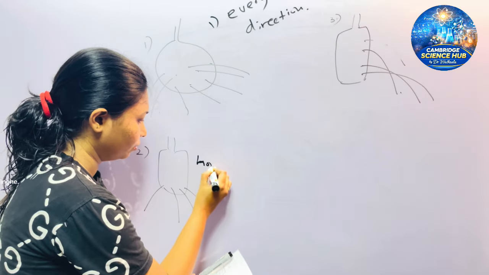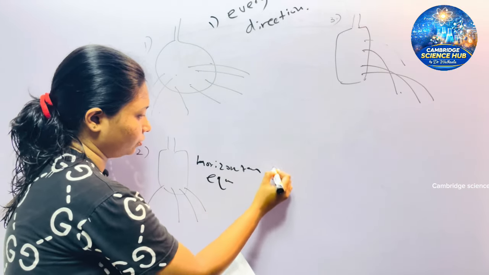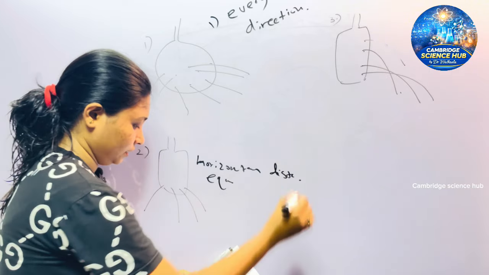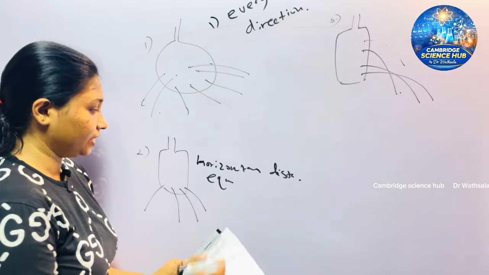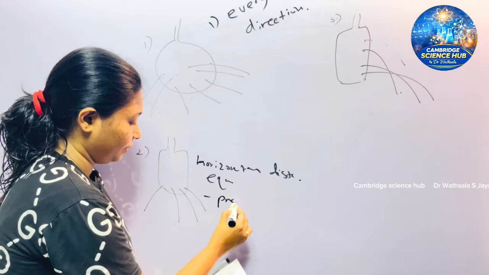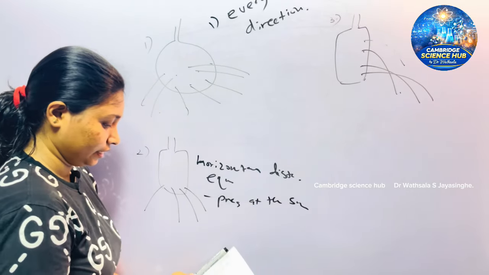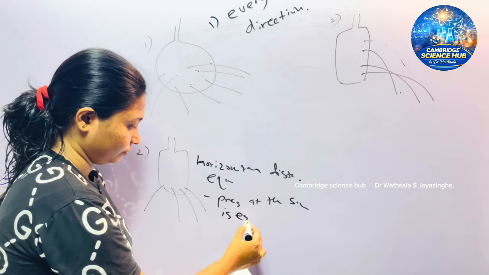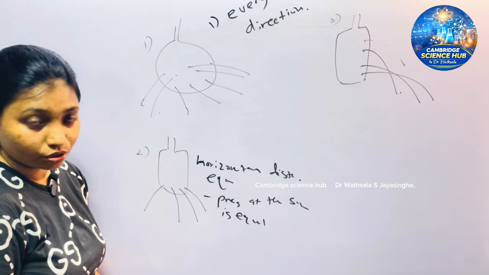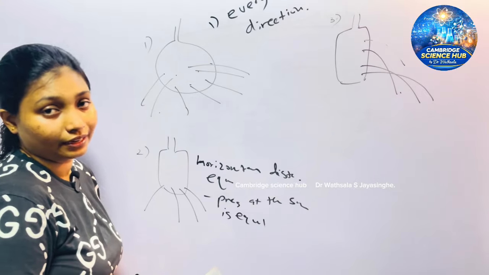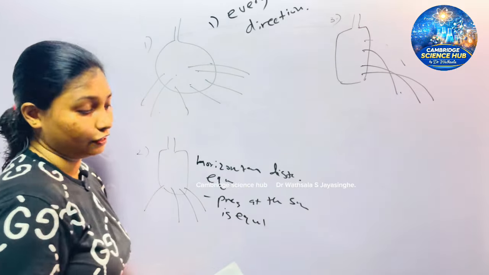So from that you can get an idea: pressure at the same level is equal. Horizontal distance is equal means the speed is also equal. So from the second practical, what you can get is that pressure at the same level is equal.